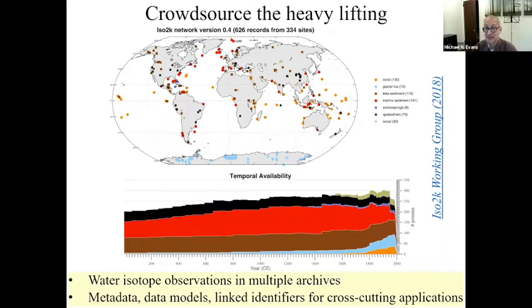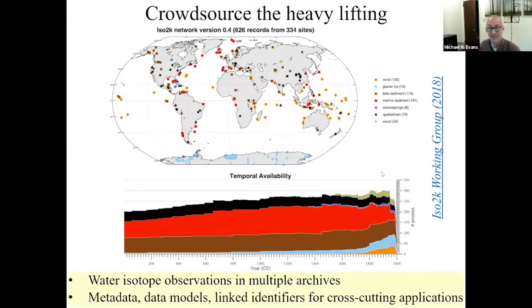And this requires a lot of time and effort tracking down these data, finding where they're available in public archives, repositories, and then assembling them along with their metadata, all the information you need to really understand and use these data intelligently. So my suggestion for this is to crowdsource it. So assemble many hands to make light work of assembling those databases.